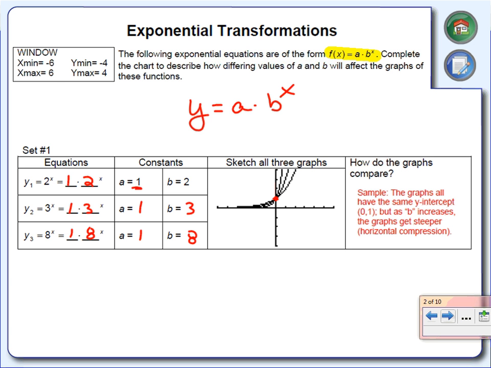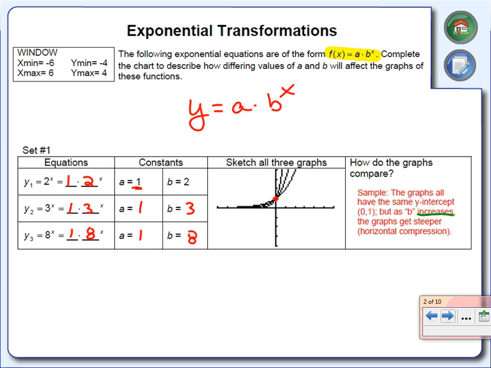But you'll notice they all have a different b value. One of them has a 2, the other one has a 3, the other one has an 8. So what is it that that b value is doing to the graph? Well, it tells you right here that b value is our increase. What it does is it makes the graph steeper.